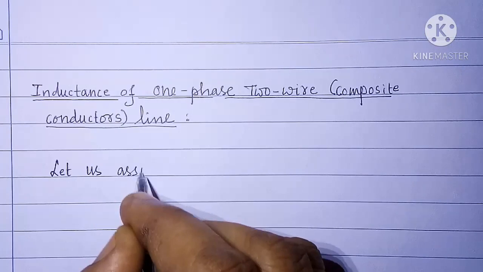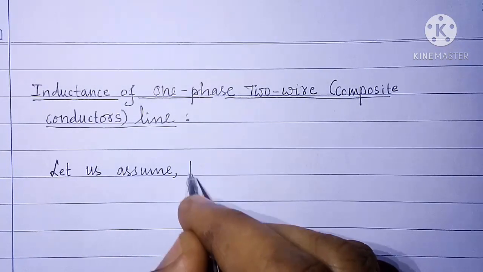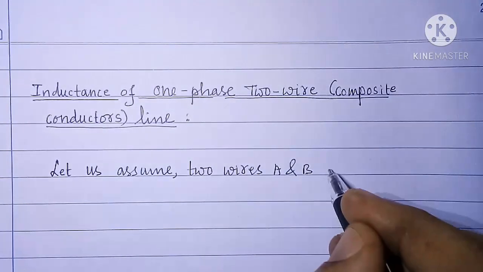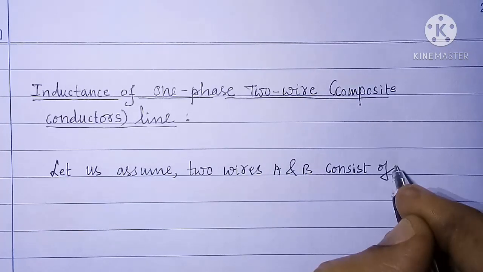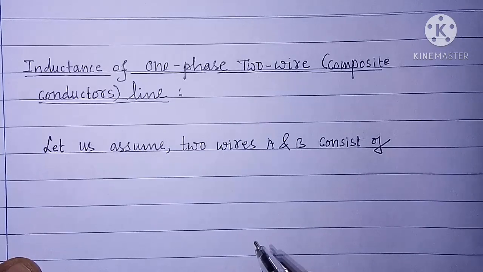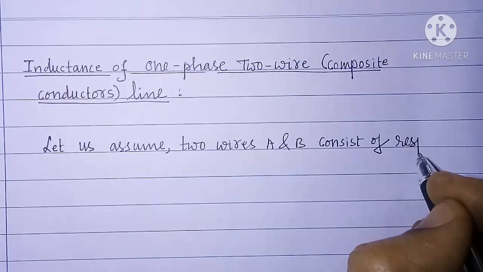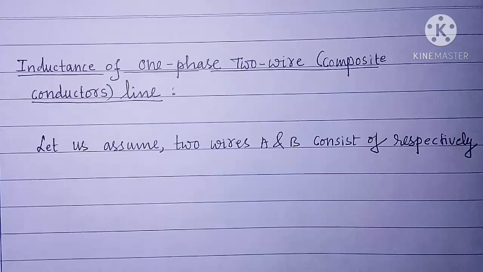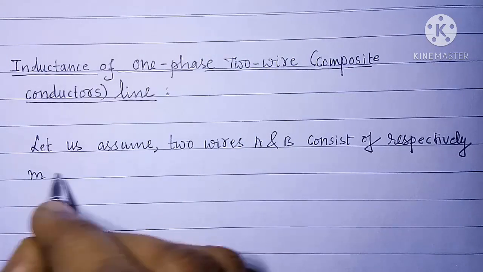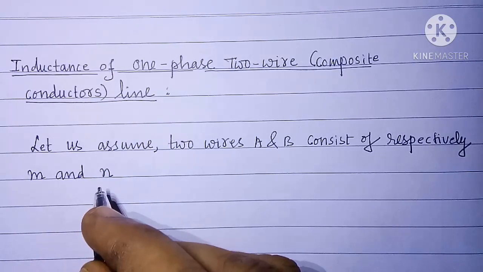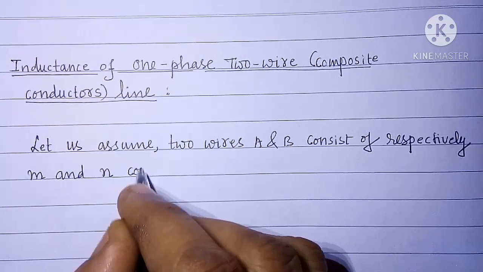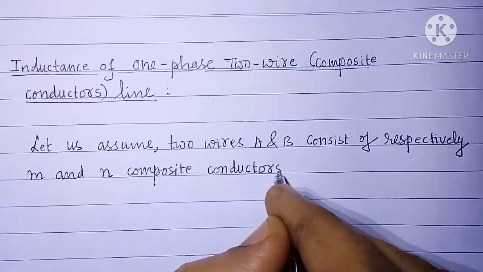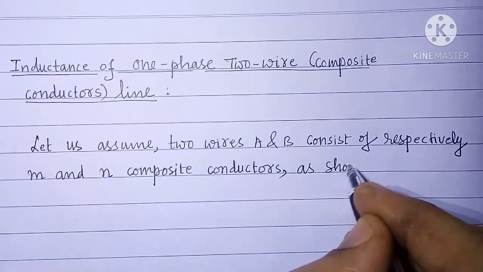Let us assume two wires A and B consist of respectively M and N composite conductors, as shown in figure below.